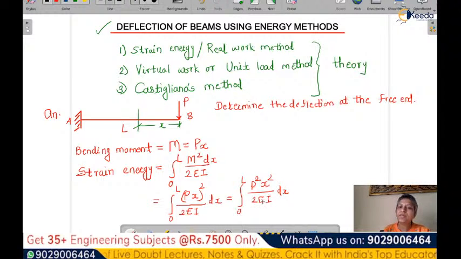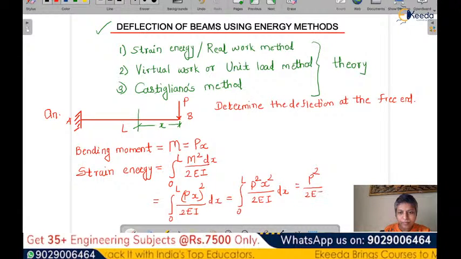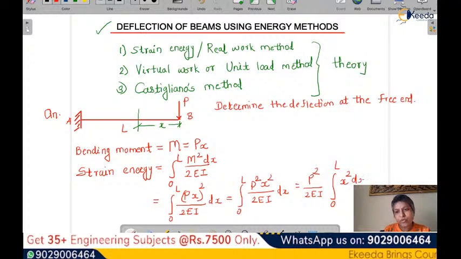Now we are going to use integration. Let us take out the constants, P square by 2EI. The remaining part is the integral from 0 to L of x square dx. x square will become x cube by 3.